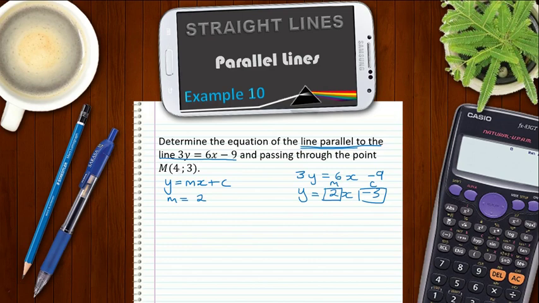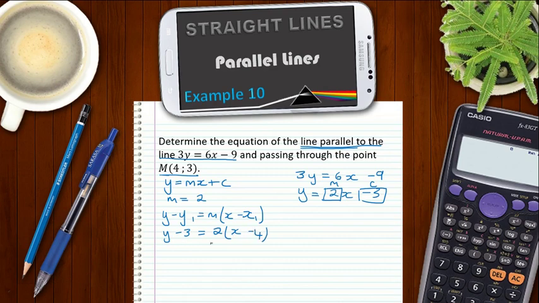Now all I need to do is use this point that it passes through to find my equation in standard form, and we are going to use the equation y minus y1 equals gradient times x minus x1, and then just substitute in our point and our gradient. So the y value is 3, so y minus 3 equals the gradient, which is 2, times x minus 4.